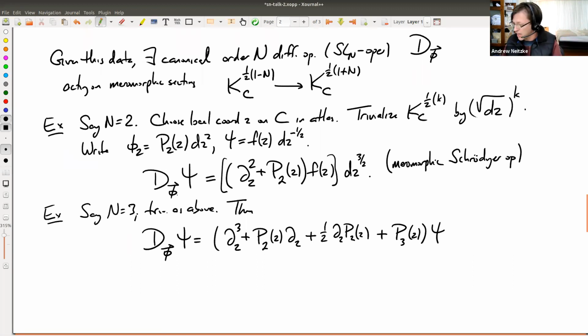And if you write literally this operator, and you try to make it covariant, you'll discover it's covariant only if you put this dz to the 3/2 here. And similarly, if you have dz to the minus 1/2 here. That's a technical answer. I'm not sure if that answer will be completely satisfying.